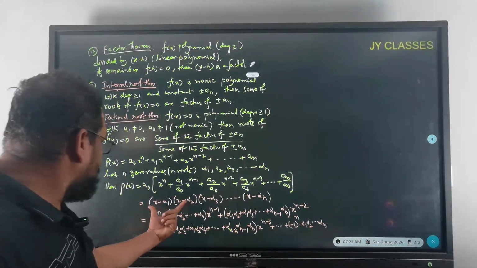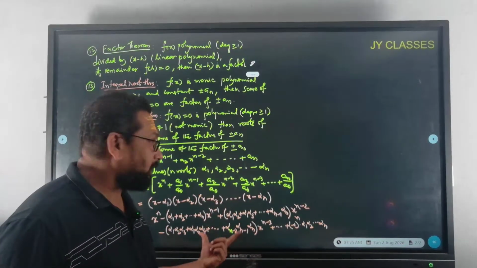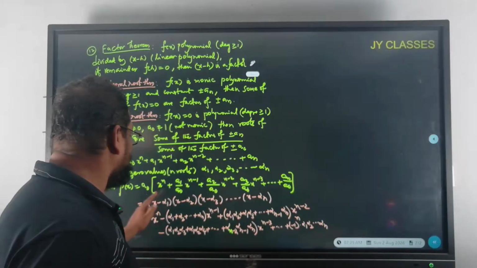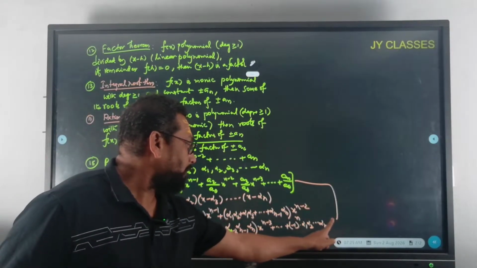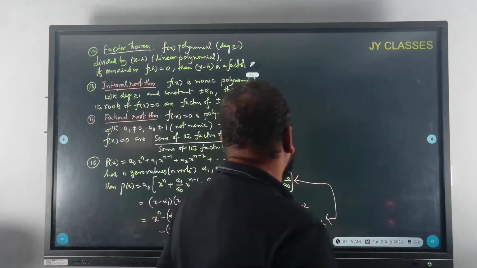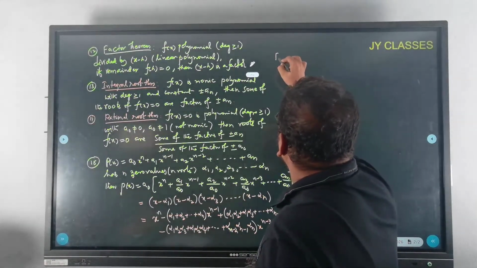See, దీని మొత్తాన్ని ప్రొడక్ట్ చేస్తే మనకు వచ్చే సింప్లిఫికేషన్ ఇది. జాగ్రత్తగా అబ్జర్వ్ చేయండి. p of x వీడి కంపారిజన్ వీళ్ళిద్దరు. Okay, now compare the coefficients. This is an important concept here.